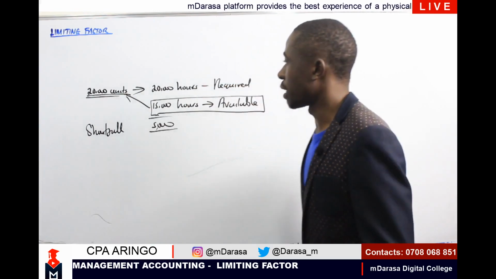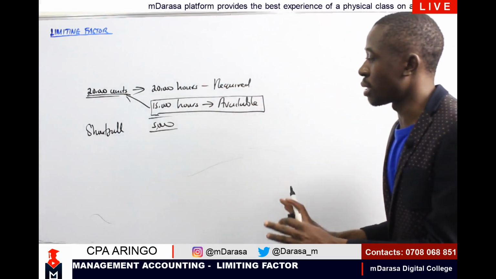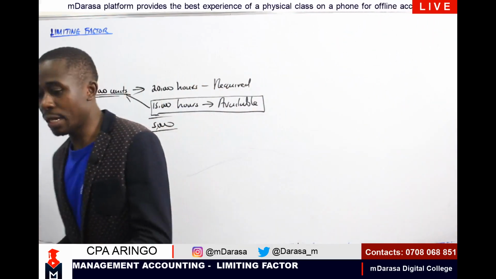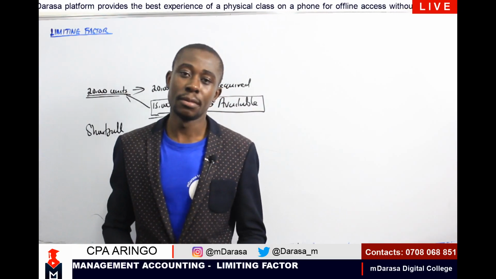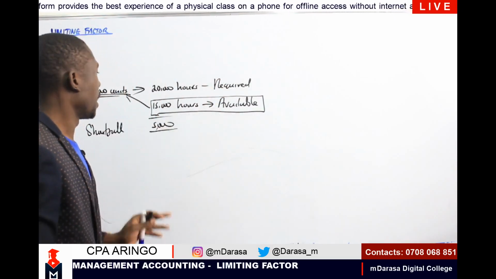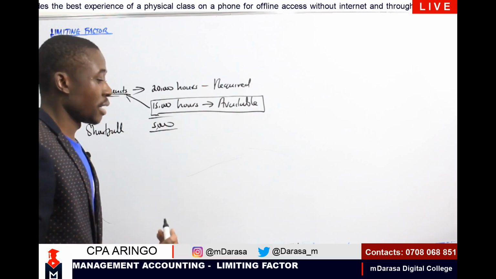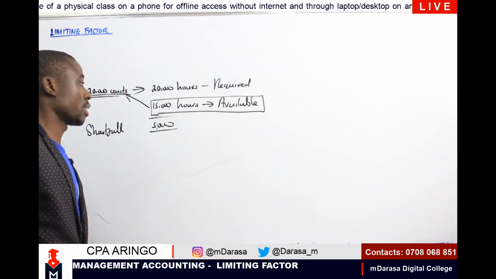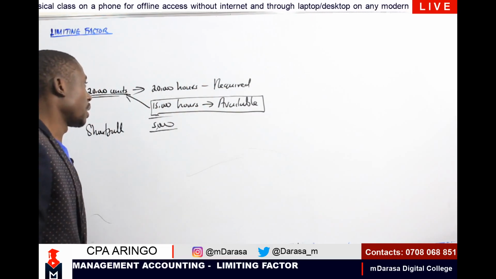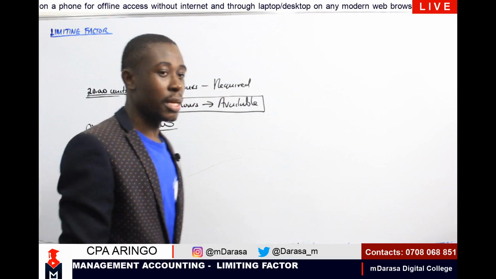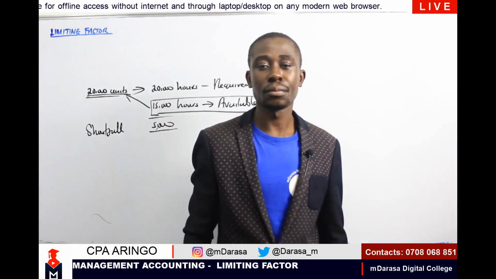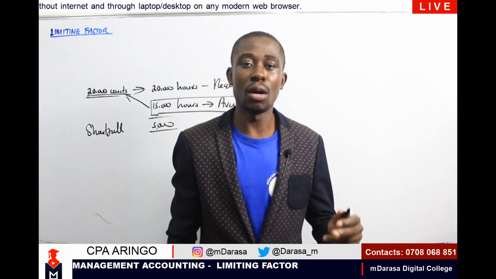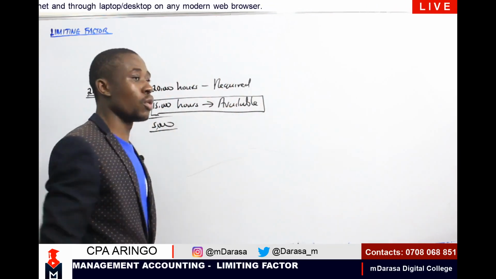So my good students, ideally this is a concept that we must always have at the back of our mind anytime we are dealing with limiting factor. Then a good question will be: maybe I have 15,000 hours available, and the required was 20,000. Does it mean that we will not produce? We will still produce, but we are going to produce the number of units that we can with the available resources.